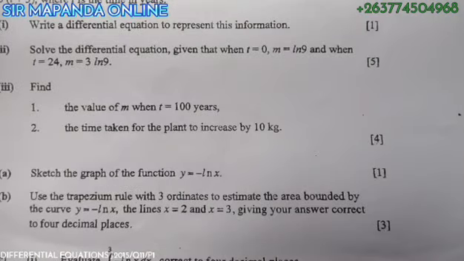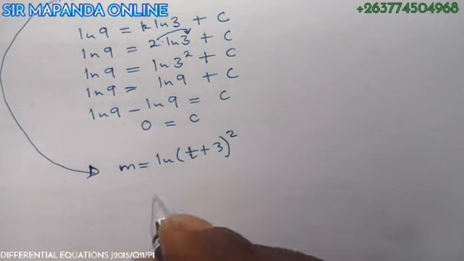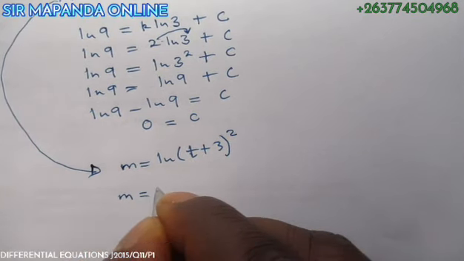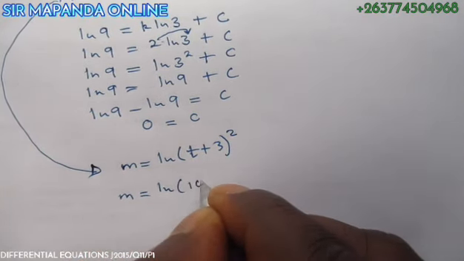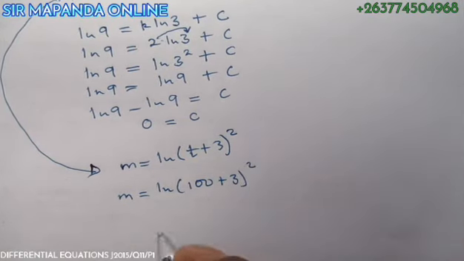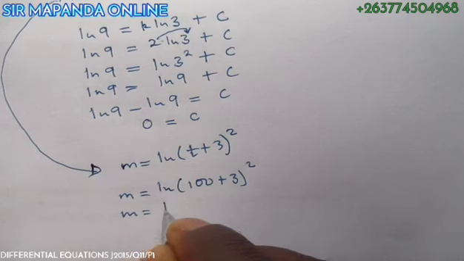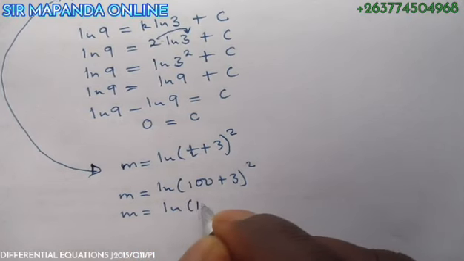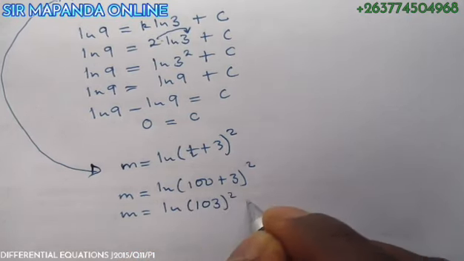It reads, find the value of m when t is equal to 100. So you just put 100 on t. So m equals ln (100 plus 3) squared. M equals ln 103 squared.